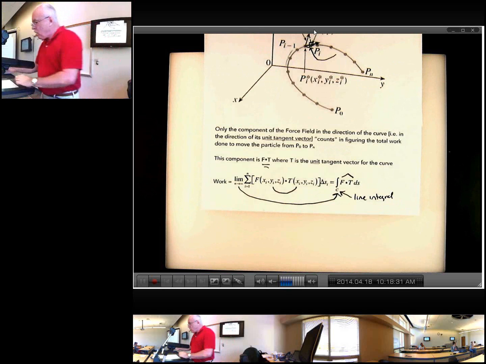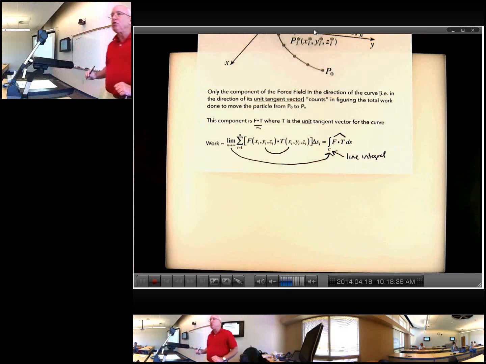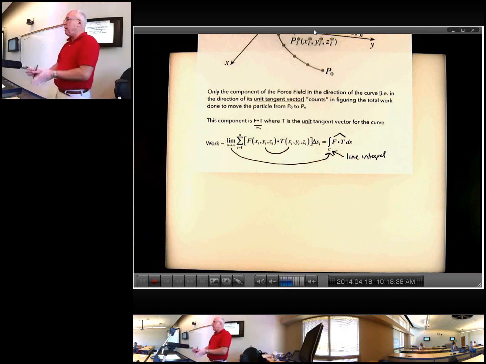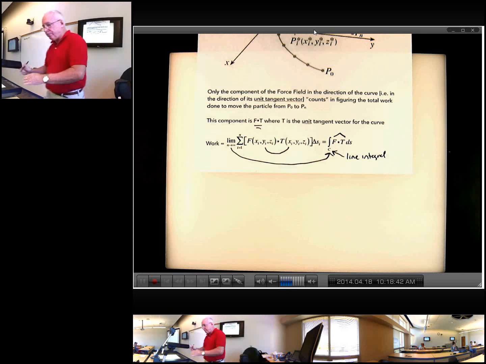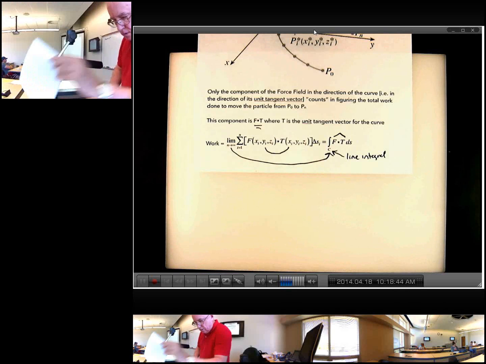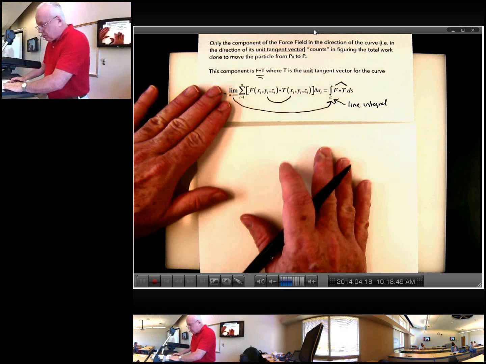All right. Remember, to work with any of these line integrals, we have to have a parameterization to be able to do the calculation. So what we do here now is we parameterize this. Let me rewrite this.